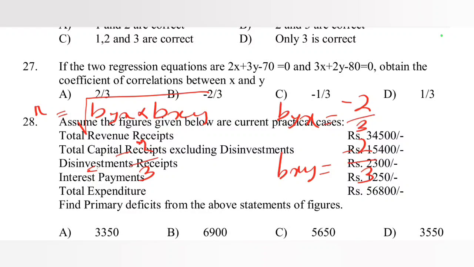Since the slopes of both regressions are negative, the coefficient of correlation r must also be negative. Therefore r = -2/3, so the right option is -2/3.